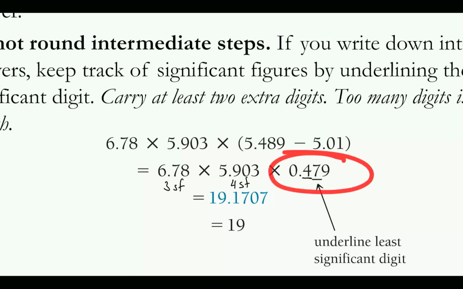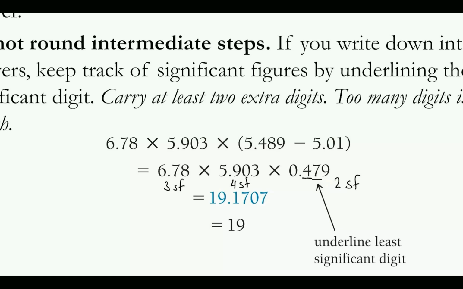How many sig figs do I have here? If this number was by itself, it would be 3. But because it came from this calculation, it's only 2. So because this is from another calculation, this would be 2 sig figs.